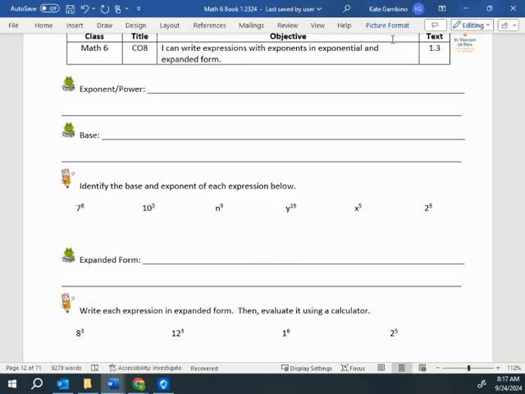Okay, so first let's look at what is an exponent. An exponent is also called a power. It's going to be the little number that's up above the big number. So an exponent is used to show repeated multiplication.